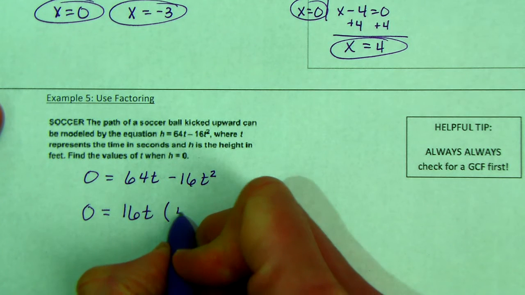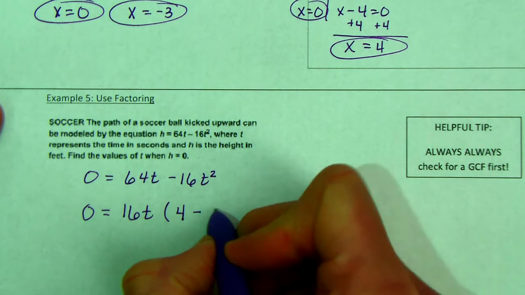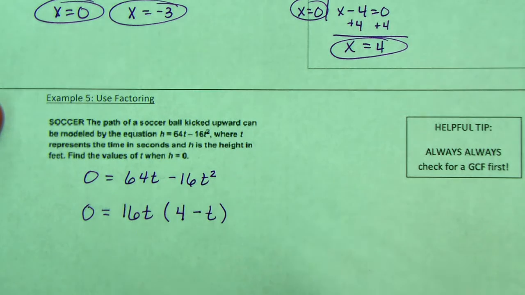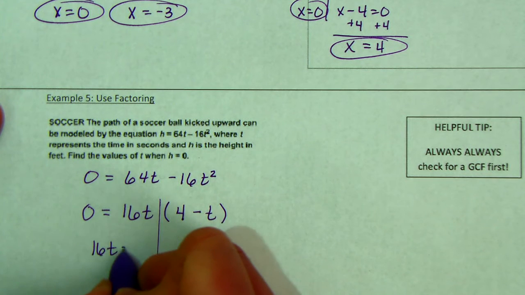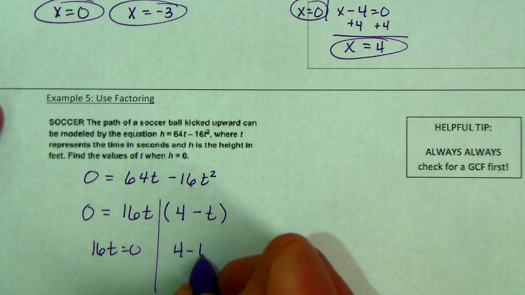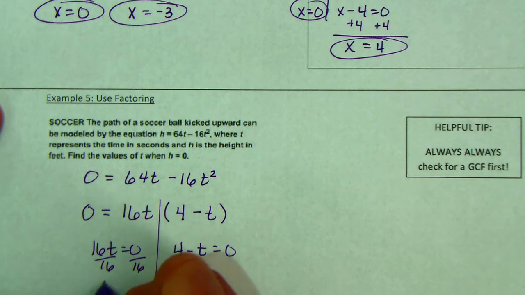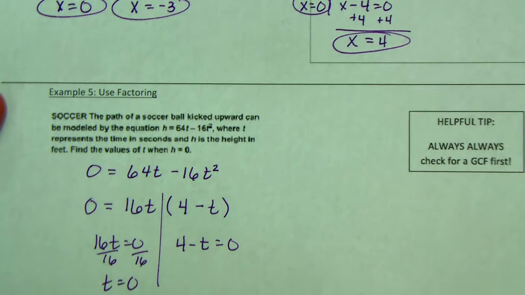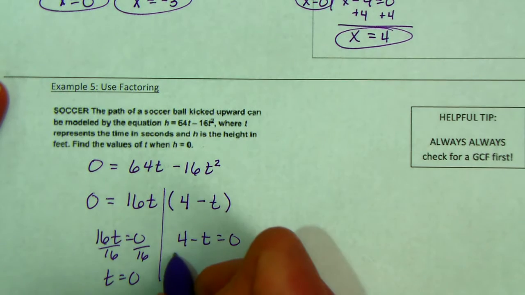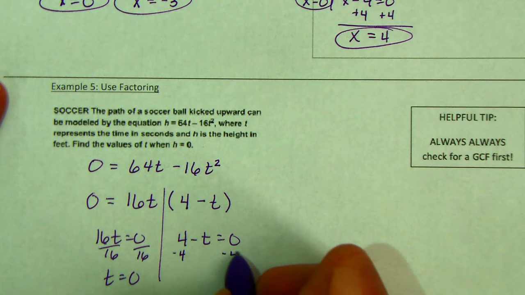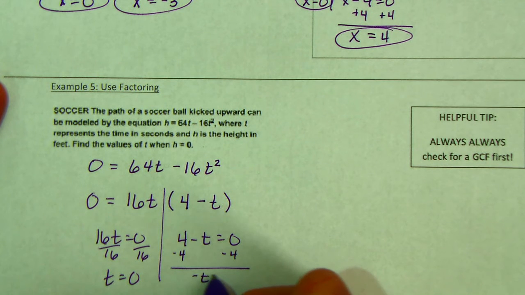All right, set each factor equal to 0, so 16t equals 0, and 4 minus t equals 0. Divide by 16, doesn't matter, t is 0. Now over here, it's a little bit complicated. Negative t equals negative 4, and divide by negative 1 to change the sign, and t equals 4.